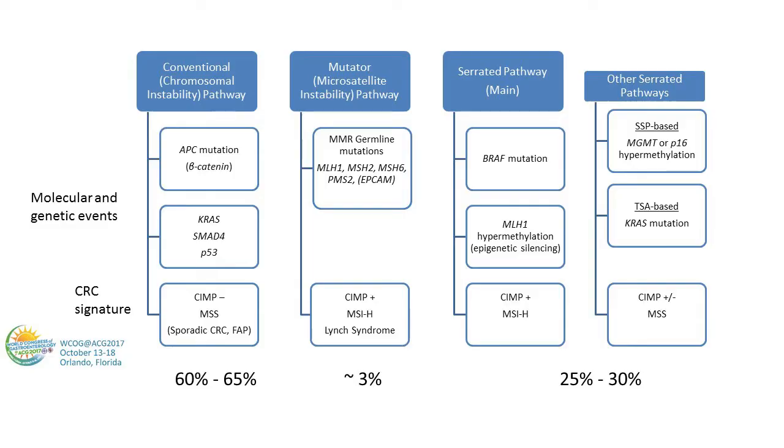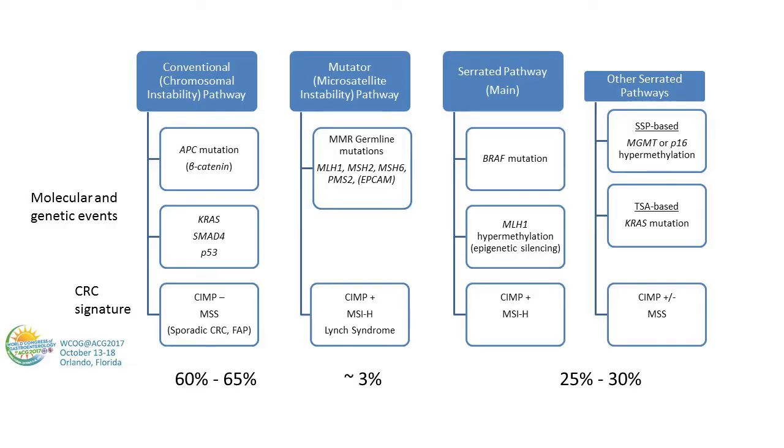This pathway starts usually with a BRAF activating mutation. BRAF is an anti-apoptotic gene. And these lesions, when they form the sessile serrated polyps, are prone to hypermethylate. Hypermethylation is nature's way of silencing genes epigenetically without really altering the code of the gene itself.